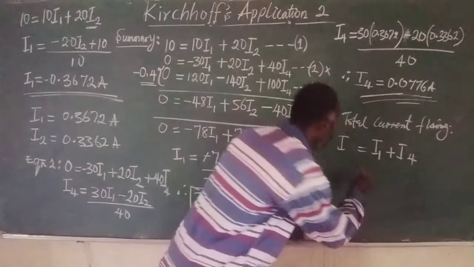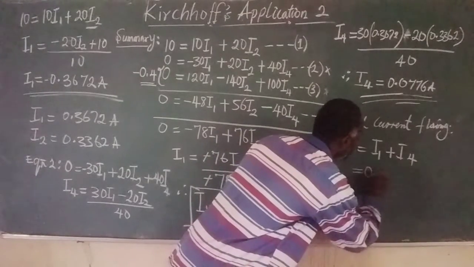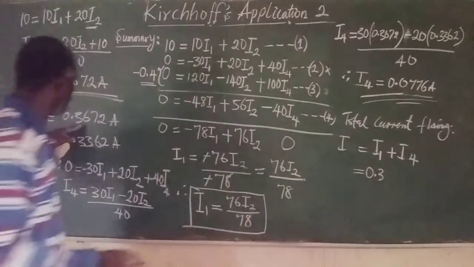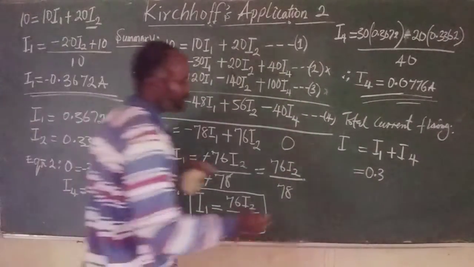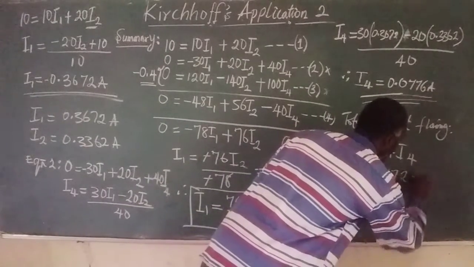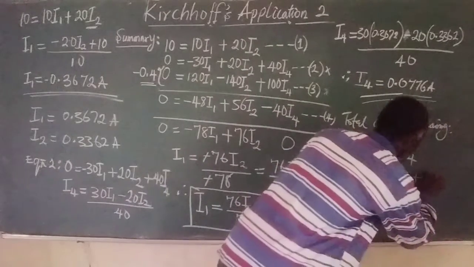So we substitute accordingly. If we substitute for I1, we have 0.3672, and then I4 is 0.0776.